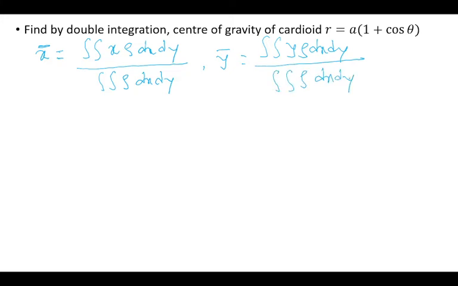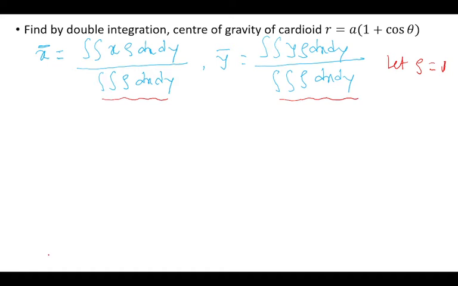So you'll observe one thing, that these denominators are same. These denominators are actually related to the mass of the lamina. But again in this question also, the density rho is not given. So we can start with the same thing. Let rho equal to 1. Throughout the formula, you can replace rho by 1 there.